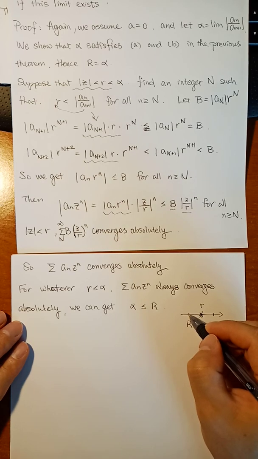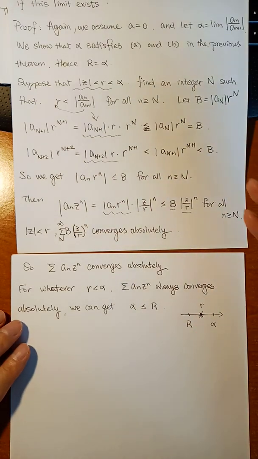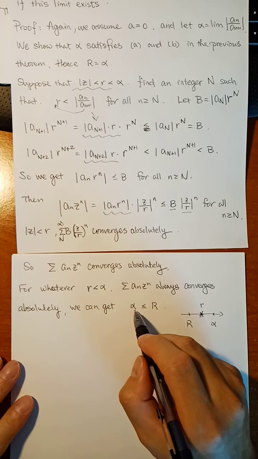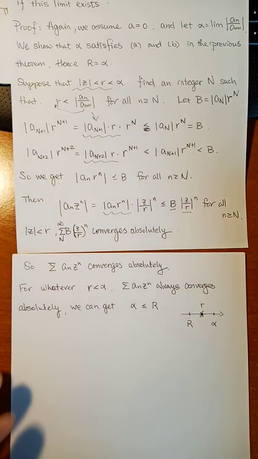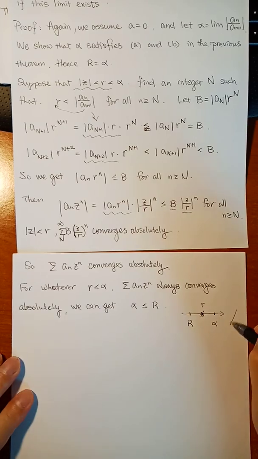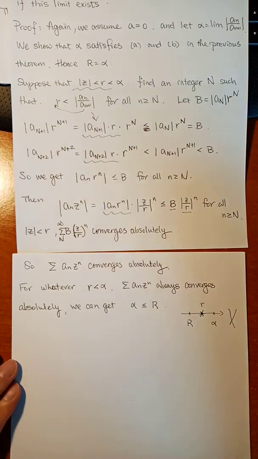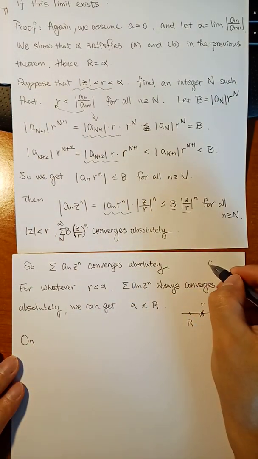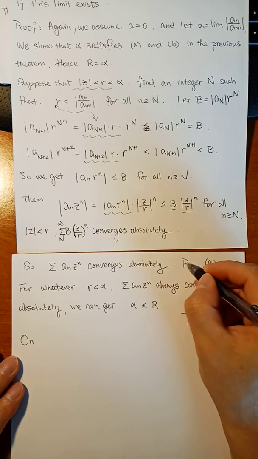But this r is greater than capital R, which does not follow the conclusion in a previous theorem. So that's why this alpha must be on the left side of capital R. This is the wrong case. That's why we get alpha less than or equal to capital R. This is actually part A.